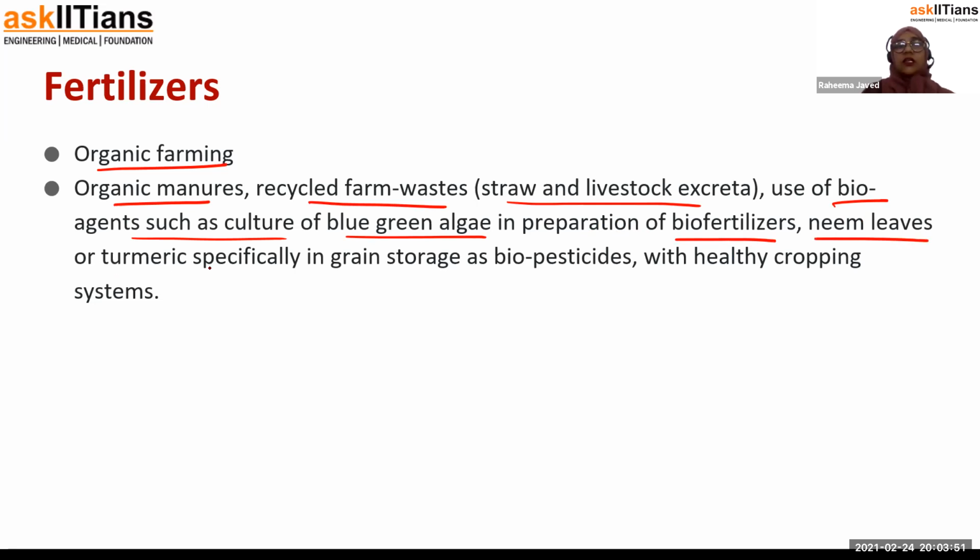Neem leaves or turmeric are used specifically in grain storage. They act as natural antibiotics, so they are regarded as biopesticides. And there are also healthy cropping systems, which we are going to discuss in the next video, like multiple cropping, etc. So organic farming does not use any chemical fertilizers or pesticides.